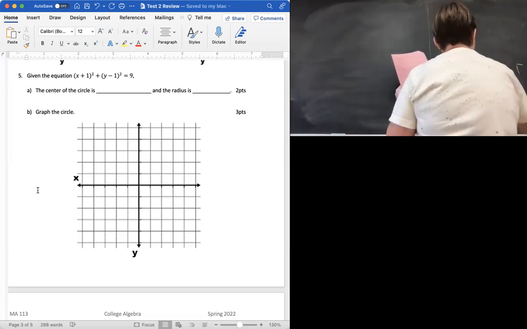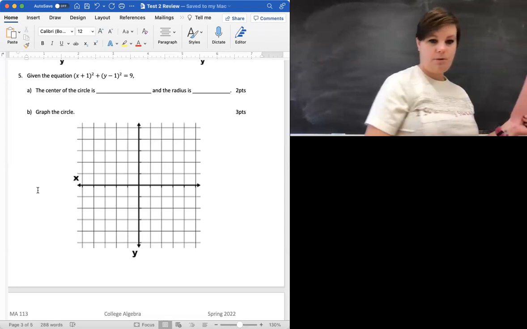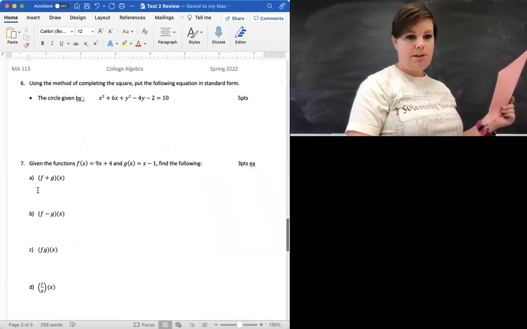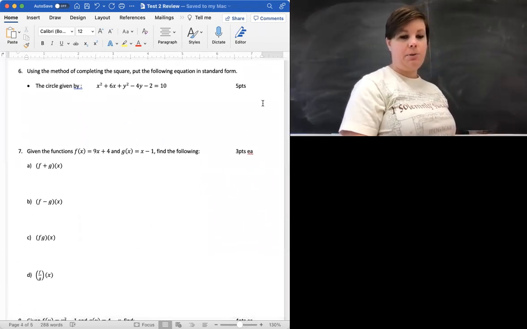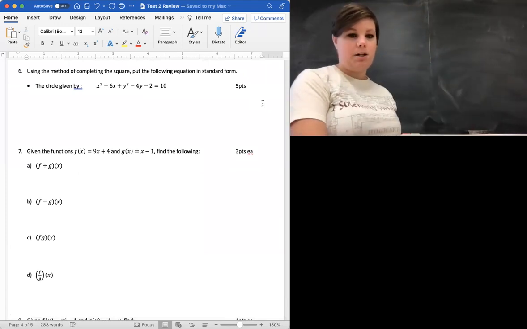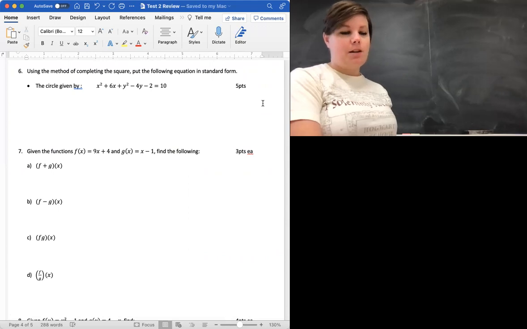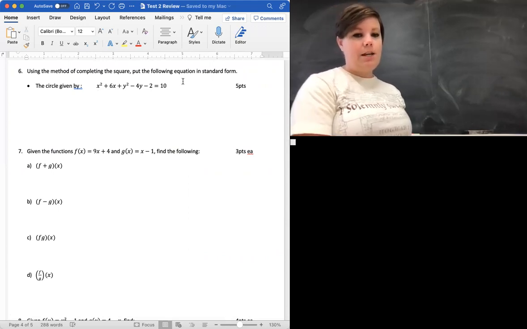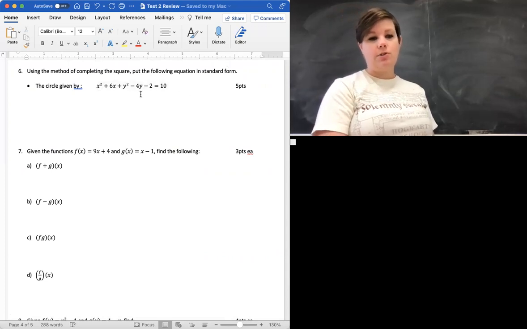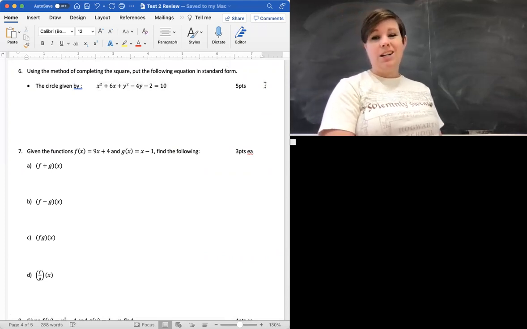So problem number 6. Problem number 6 says using the method of completing the square, which we did in chapter 1 and do in chapter 2, section 2.8, we need to put the following equation in standard form. Right here we have the equation of a circle, and we need it in standard form.